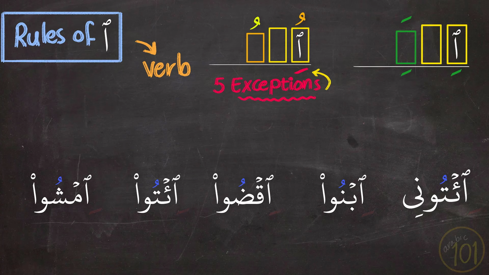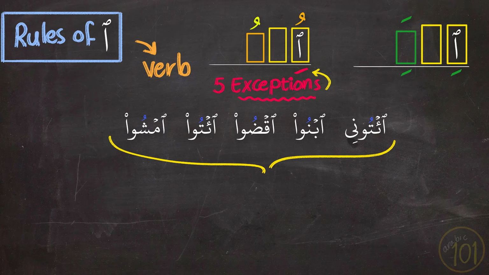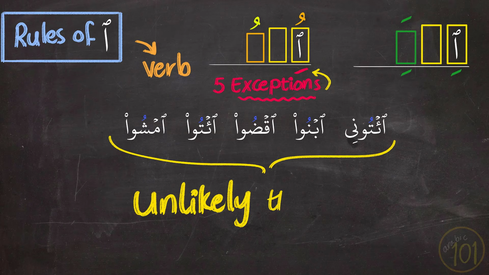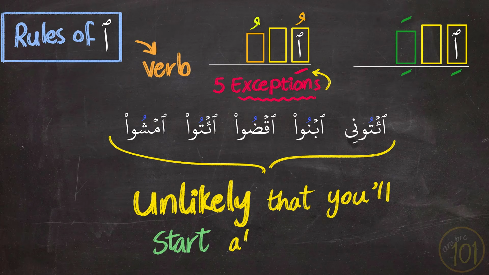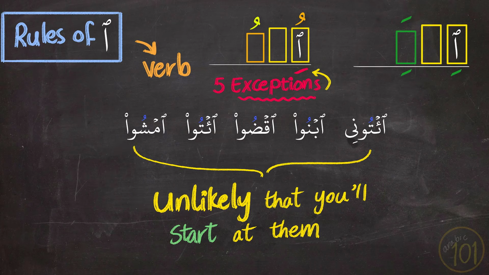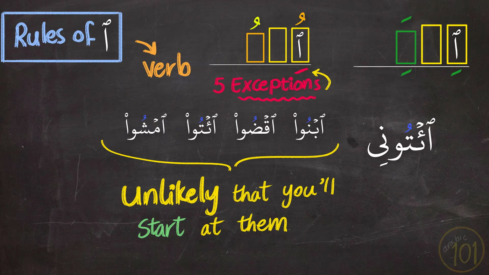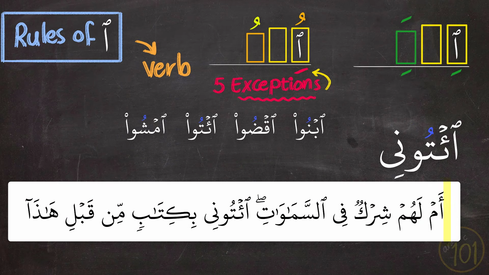And while you now know how to start at these verbs, it is unlikely that you would actually start at them since they don't normally come at the beginning of an ayah or after a stopping symbol, except for this verb. And this is how you pronounce it: أم لهم شرك في السماوات ائتوني بكتاب من قبل هذا.